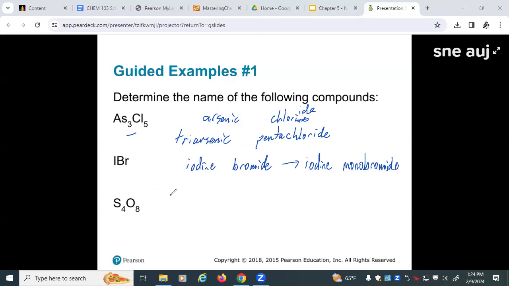Our last example on this slide, we've got sulfur, and we have oxygen, which we would call oxide. We just need to put the appropriate prefixes on. Prefix for 4 is tetra. So tetra, sulfur.